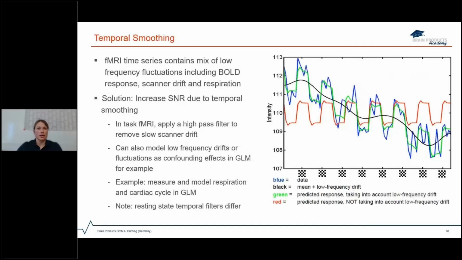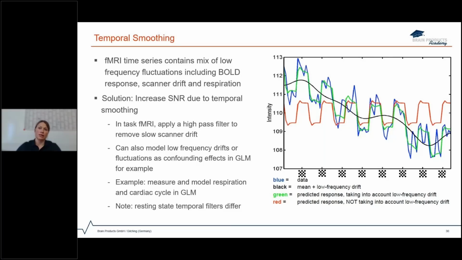We can then also apply a temporal filter or perform temporal smoothing. This is done because we need to consider that our fMRI time series does not only contain a mix of low frequency fluctuations such as the BOLD response to our experimental paradigm, but there are also other factors such as scanner drift or even respiration that can influence the overall fluctuations within our signal.